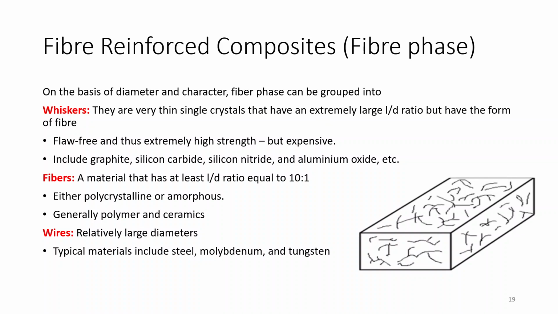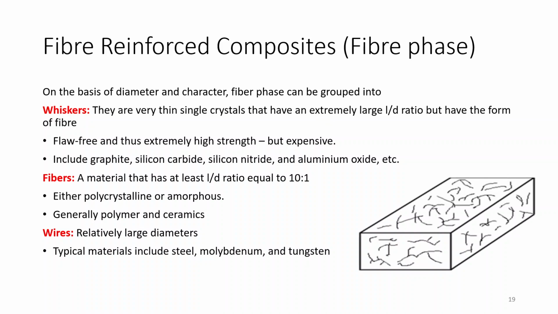Next up you have fibers. These are materials that have a length to diameter ratio of at least 10:1, either polycrystalline or amorphous, but generally polymers and ceramics are used as fibers.